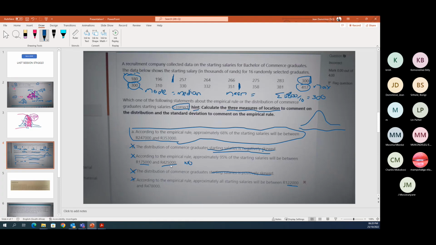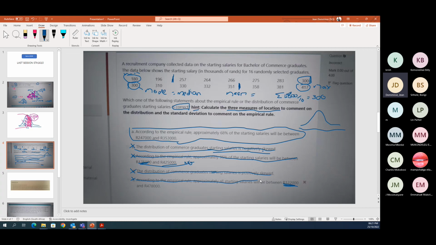With the minimum and the maximum, I could see, okay, I'm looking for 180, so 175 is automatically not the answer. That we already excluded. My starting point is 180. My finishing point is 117, so it can also not be E.